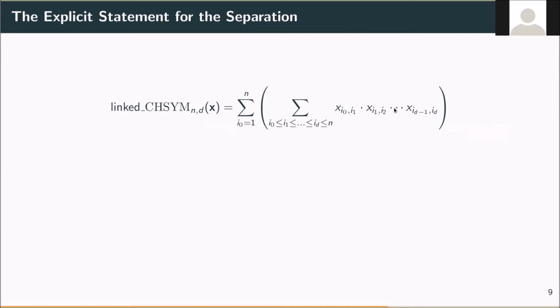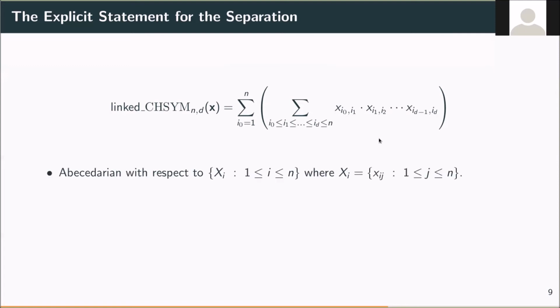So in some sense, every variable remembers the index of the previous variable by storing it as its first index, and it's the second index that is its own index. So for this polynomial, we show the following statements. Firstly, it's easy to see that it is abecedarian with respect to the partition that is defined using the first index of the variables.